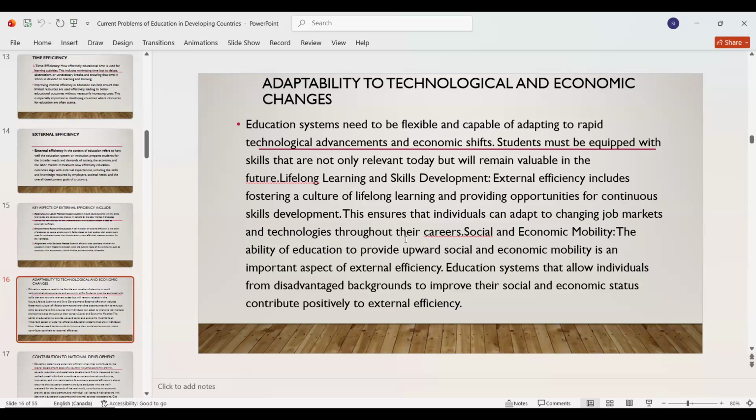For example, 10 to 12 years back, our multinational companies in Sri Lanka conducted an exam, right? I think 1,500 to 2,000 candidates sat for the examination, right?